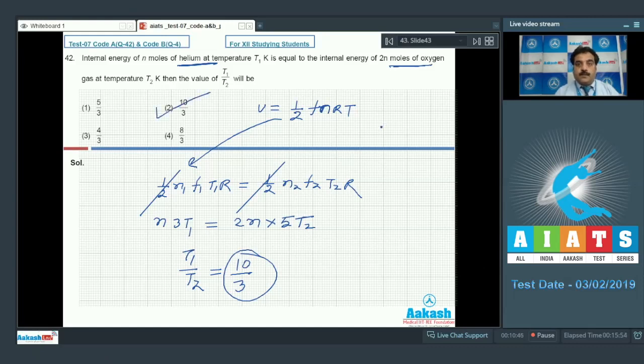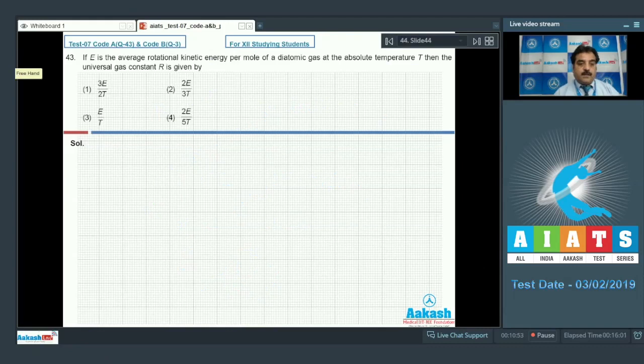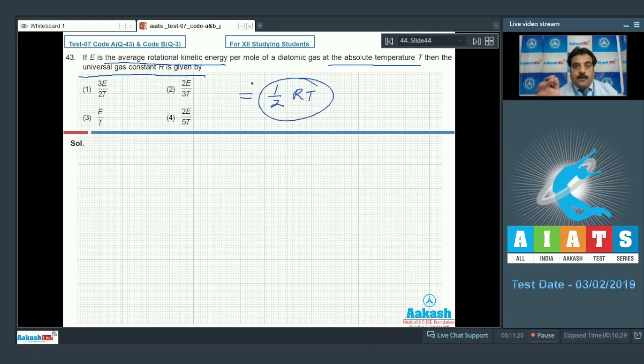So let's move on. Question number 43. If E is the average rotational kinetic energy per mole of a diatomic gas at absolute temperature T, then the universal constant R is given by, because the average kinetic energy per mole per degree of freedom is given by 1 by 2 RT, we know. So I am going to write the rotational average kinetic energy per mole for a diatomic gas.